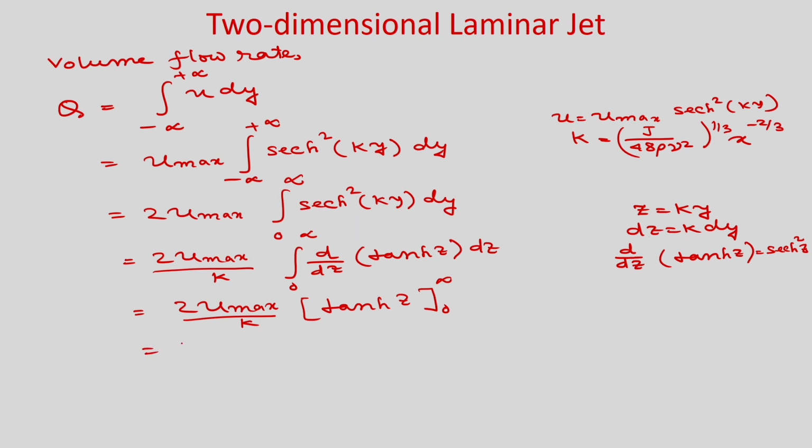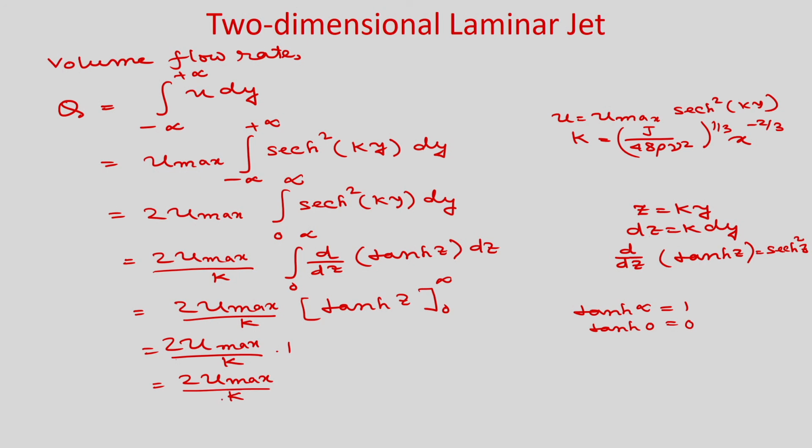So, you can see twice u max divided by k. Tanh of infinity is 1 and tanh of 0 is 0. So, from here it will become 1, and we can write twice u max by k.